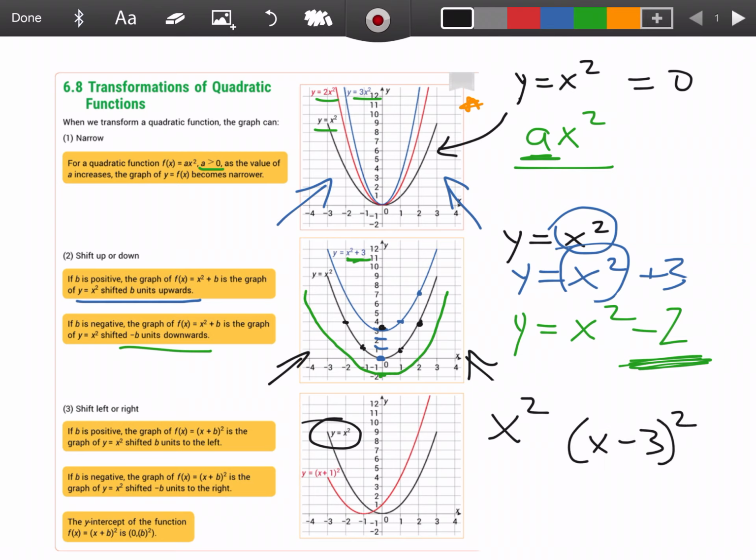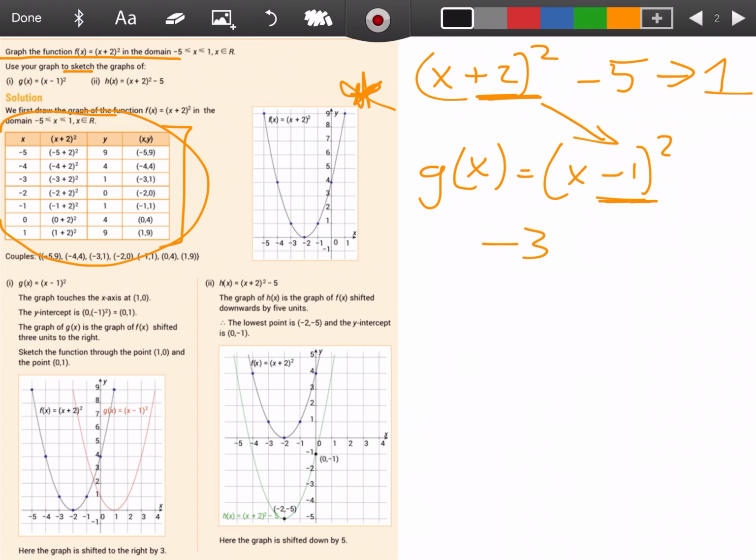Let's say for example, if b is negative, if the number beside the x is negative, the graph is shifted that many units to the right. So it's moving 3 spaces to the right from where it was originally. So that's what this function is telling me.